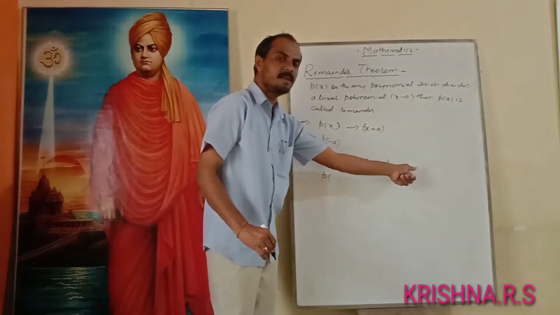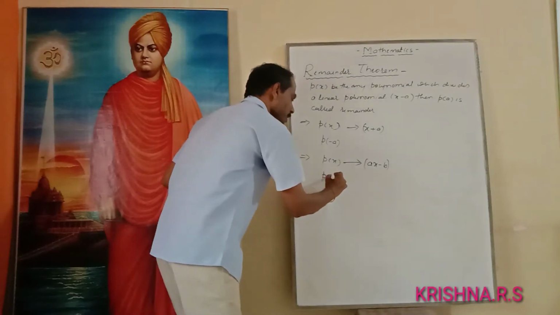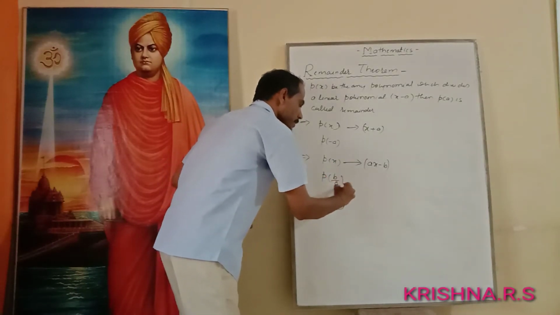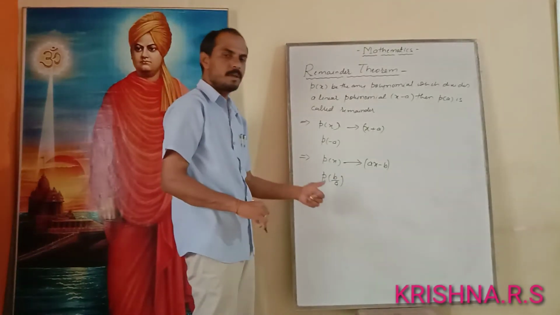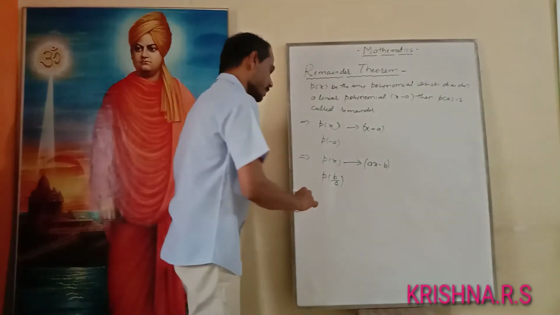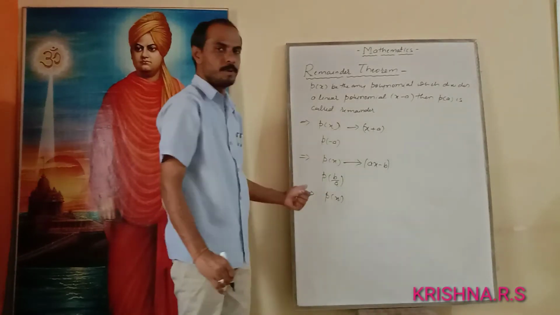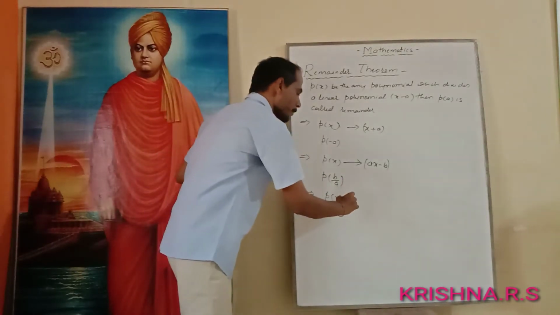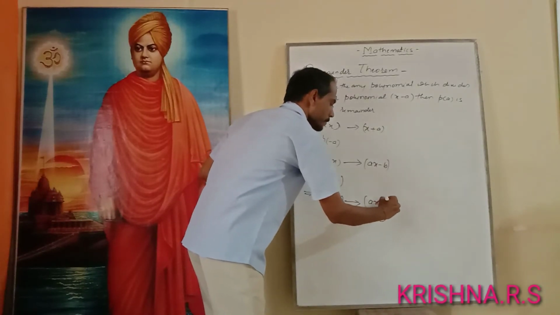Minus b sent to that side becomes plus b, and a cross multiplied, b by a. Then P of b by a is the remainder. Suppose P of x is any polynomial which divides the linear polynomial ax plus b.